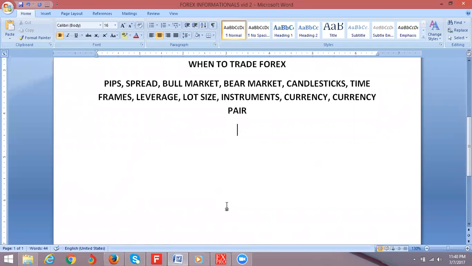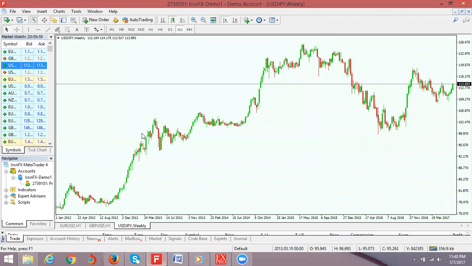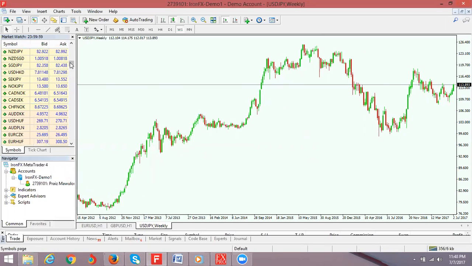We have instruments. What we trade in the forex market is called instruments. In fact, in the capital markets, whether you are trading stocks or currencies or commodities, all of these are called instruments. Even on this chart, apart from currencies, there are also stocks listed. Let me expand this. So all these are instruments.